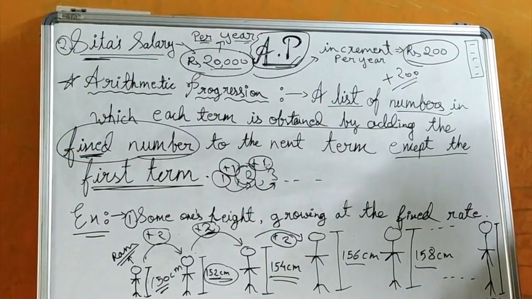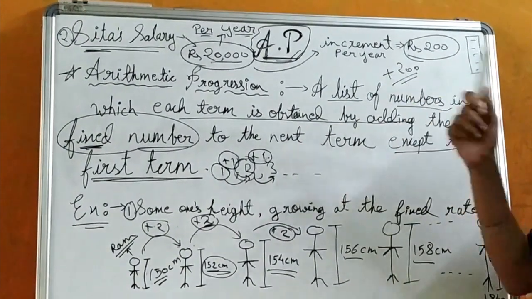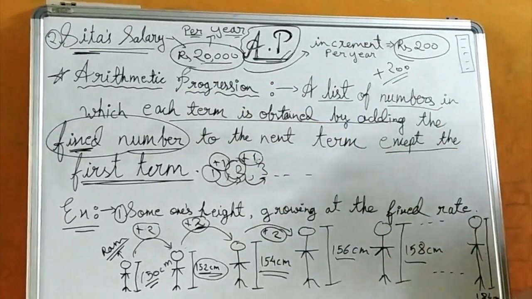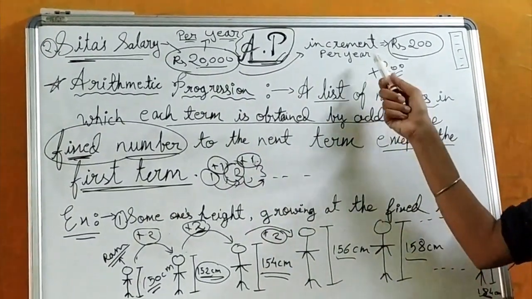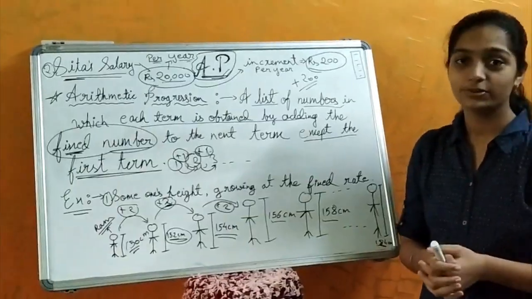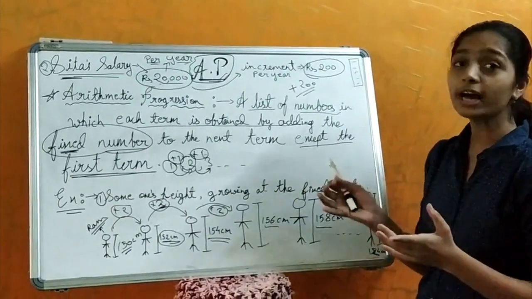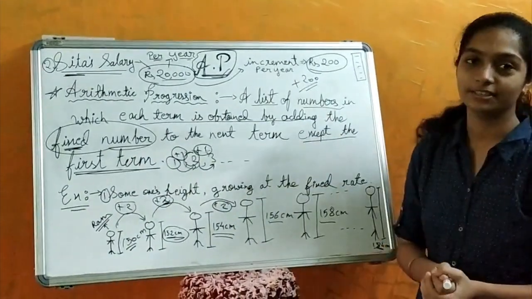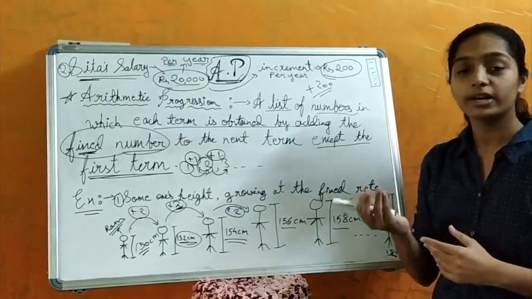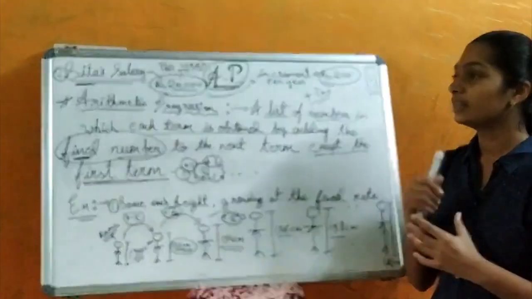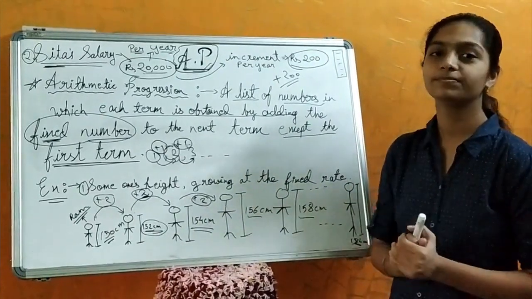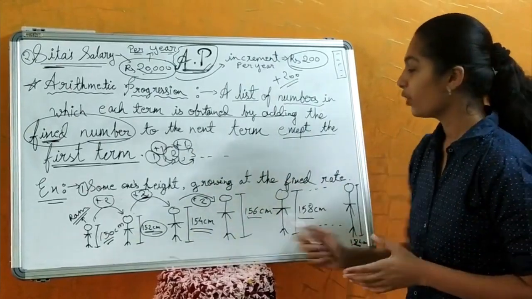That means the first year she had 20,000 rupees salary. Second year she must have 20,000 plus 200, that is 20,200 rupees. Why? Because the increment is added here. So in the third year it must be 20,400 rupees. In the fourth year it would be 20,600 rupees and so on. I think this all must be clear to you.